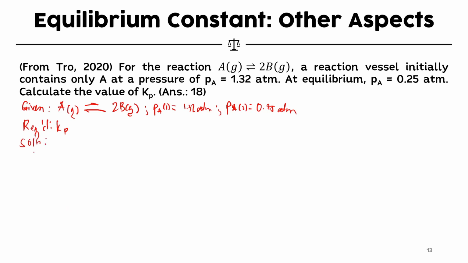Now again, we'll establish first our Kp expression. So Kp is again product over reactant. Since our product is B, therefore the Kp is the partial pressure of B raised to its coefficient, which is 2, all over the partial pressure of A, and this is at equilibrium.